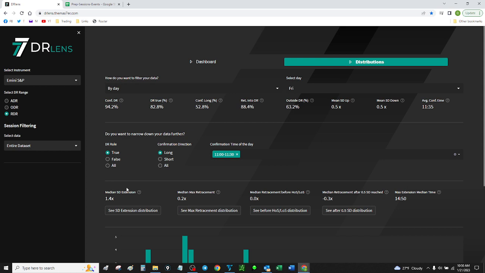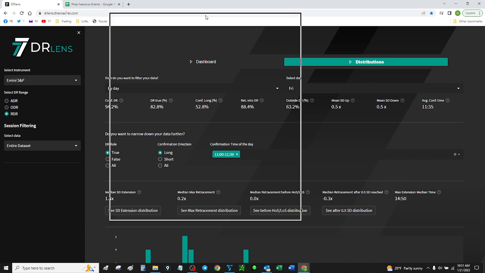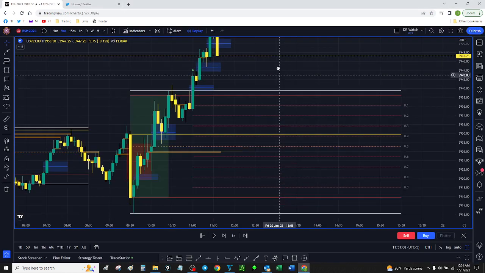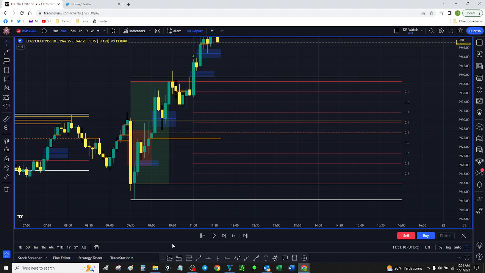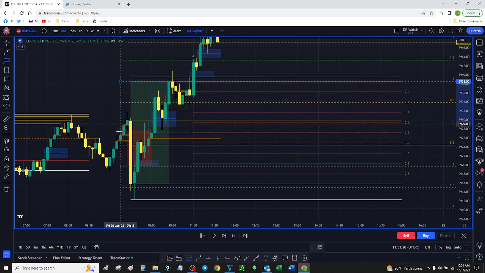That gives me this information down here, which is just amazingly useful and accurate. I'll start with the median standard deviation extension, which is 1.4. So we have to get our standard deviations. The way we do that is we pull a Fibonacci, which is just a tool in TradingView, and we measure from IDR to IDR.